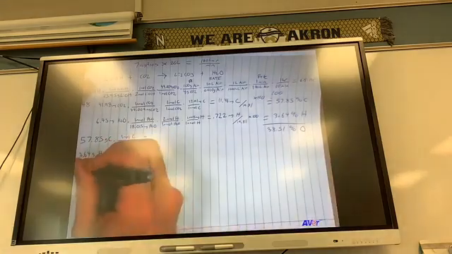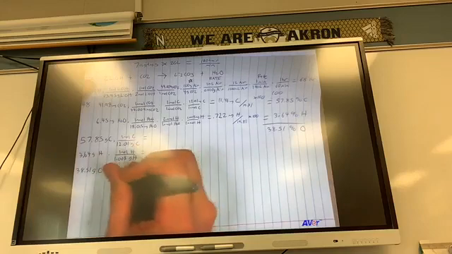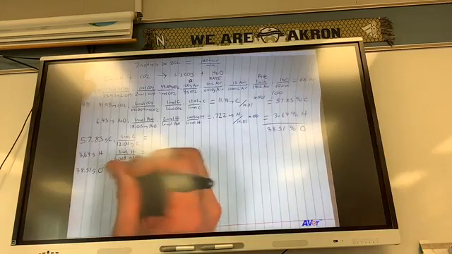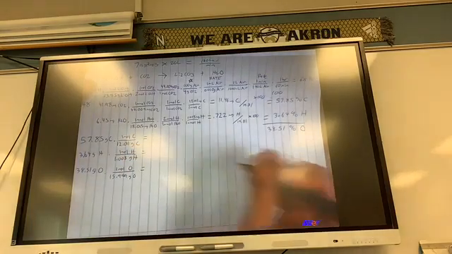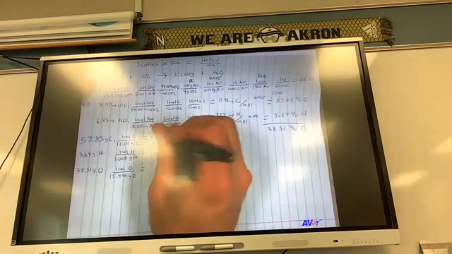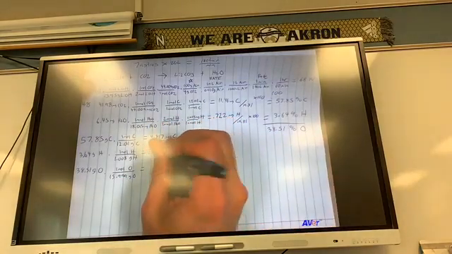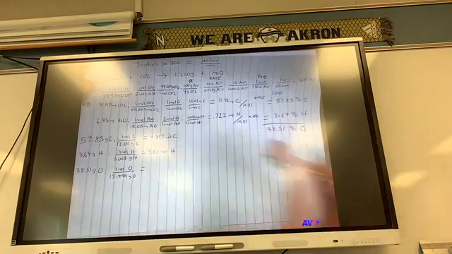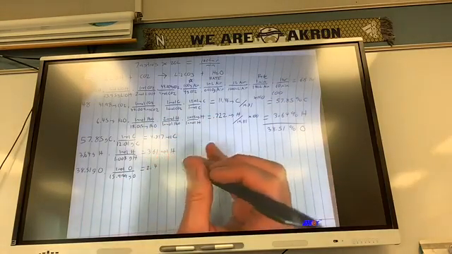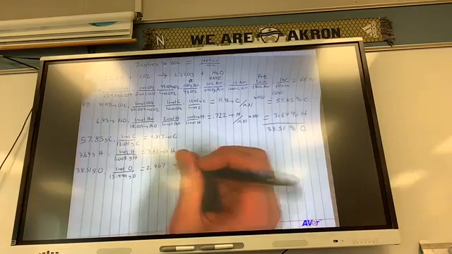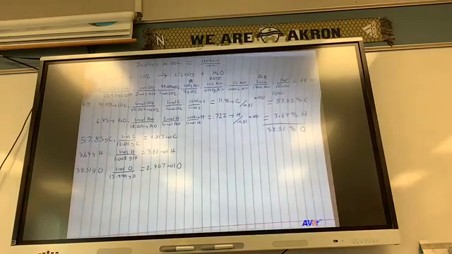And I have 38.51 grams of O times 1 mole per 15.999 grams of O. So that gives me 4.817 moles of carbon, 3.61 moles of H, and 2.407 moles of O.